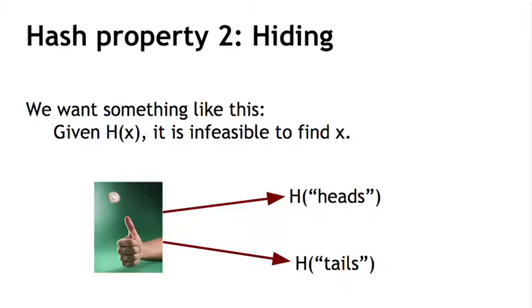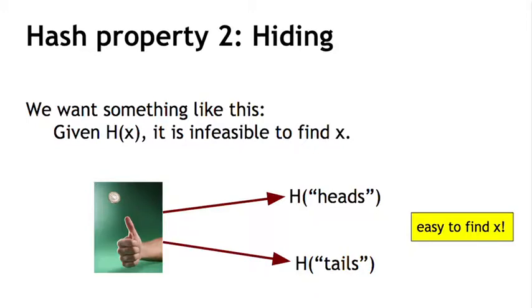And now we're going to ask someone who didn't see the coin flip but only saw this hash output to figure out what the string was that was hashed. That, of course, is going to be easy. It's easy in this scenario to find what the input string was. It's easy to find x. You simply compute the hash of the string heads and the hash of the string tails, and you see which one you got.